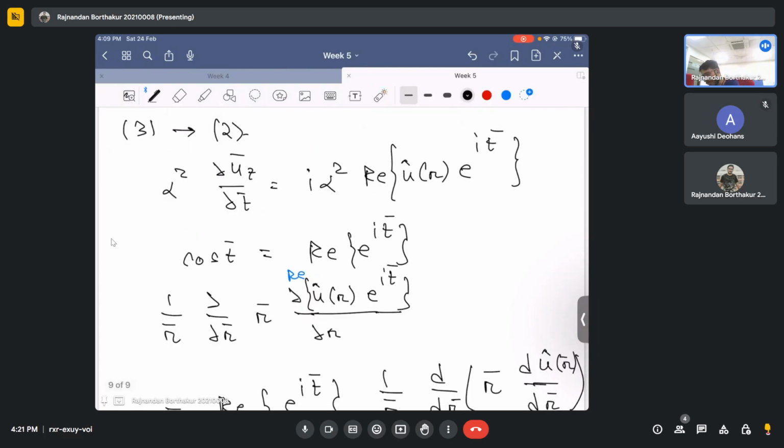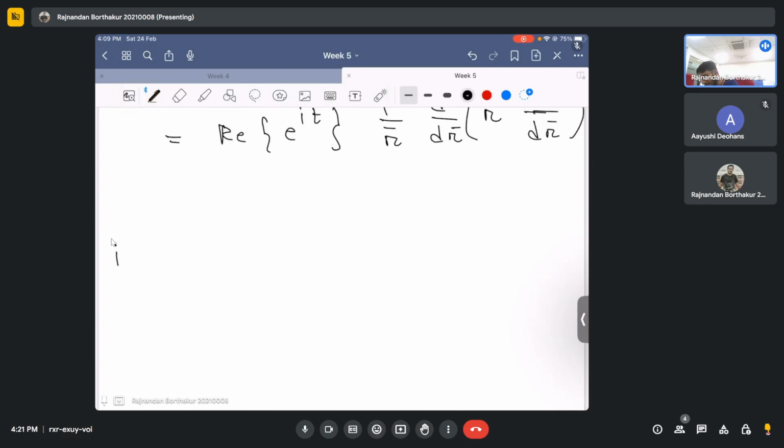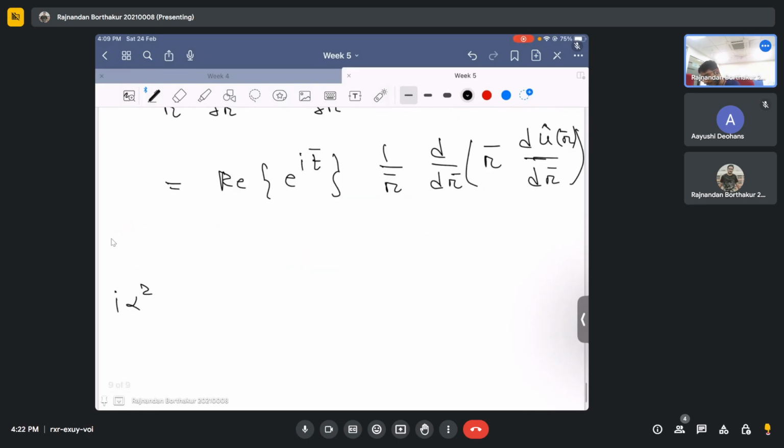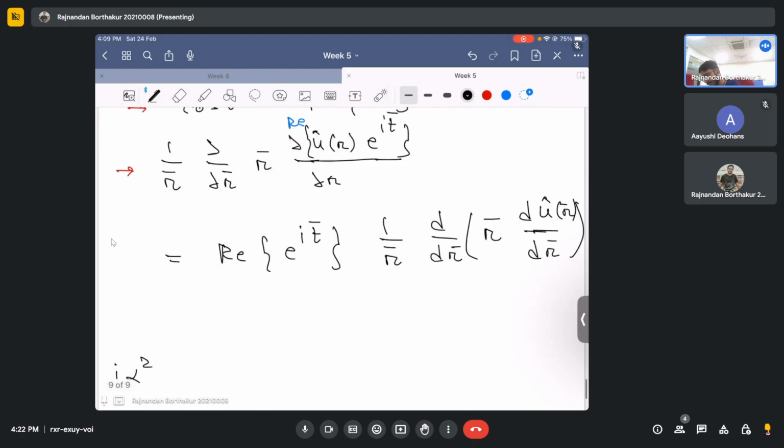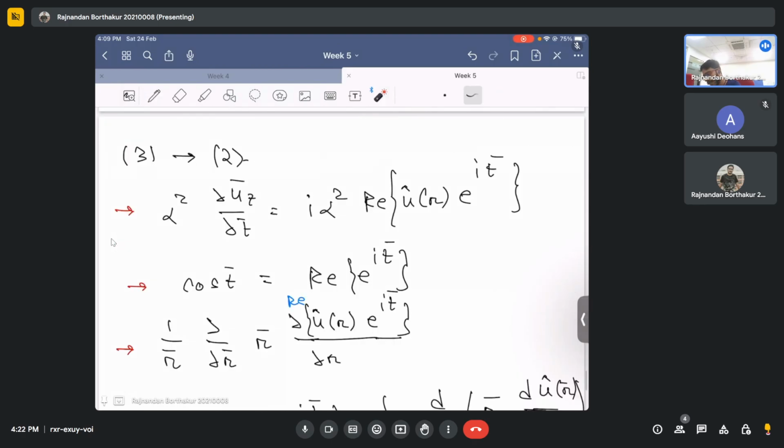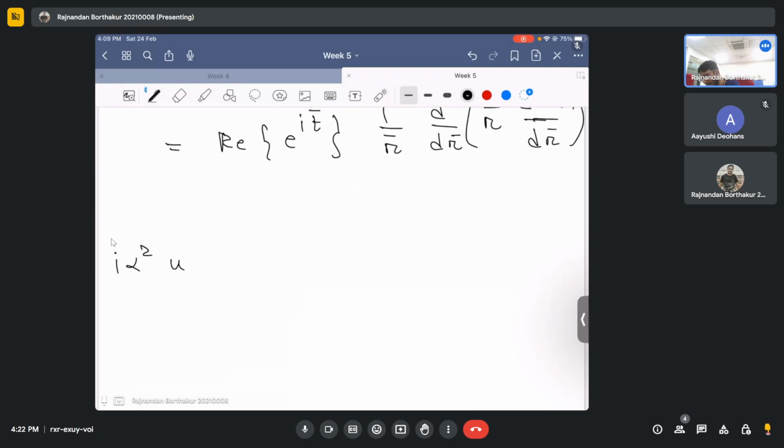All right, so these are the individual terms that we evaluated. The first one was this term, the second one was this term, and the third term is this term. So we'll substitute and see what we get. The left hand side becomes I alpha squared. Since u hat of r is the real number only, I can take u hat of r outside this real part. So this becomes I alpha squared u hat of r times real part of e power I t bar.